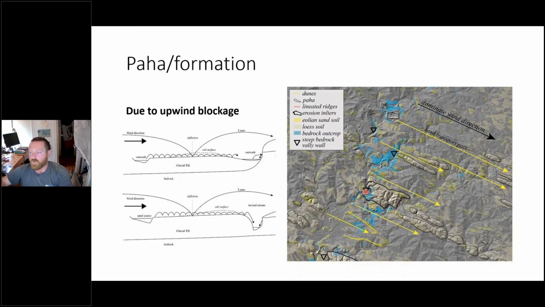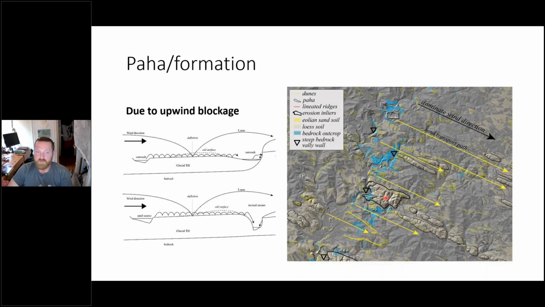And so this is over in Linn County, and you can see the relationship. Here's some bedrock outcrop in this valley, and behind it, downwind of this, is thick loess. These are Paha. And the result of this is these unique hills that you see all over the place.